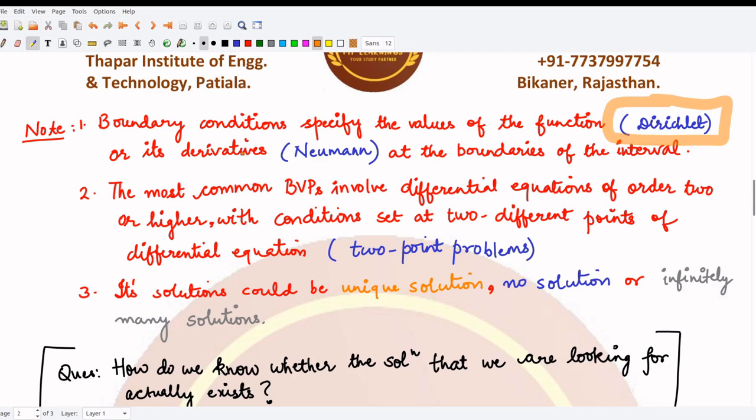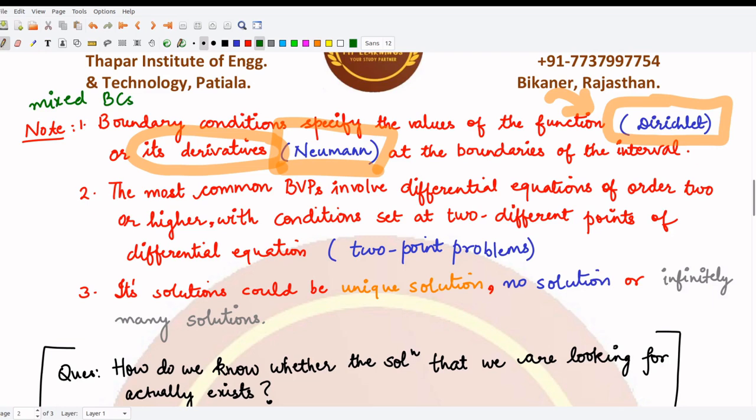Whereas if the boundary conditions are defined for the derivatives, the solution's derivative or the function's derivative, then we call them Neumann boundary conditions. And furthermore, if we have the value defined at some point together with some derivative involved, then we call those mixed boundary conditions, which I have not mentioned over here.